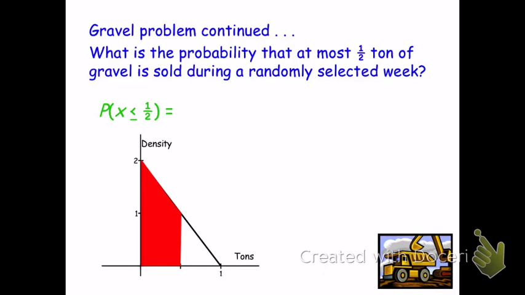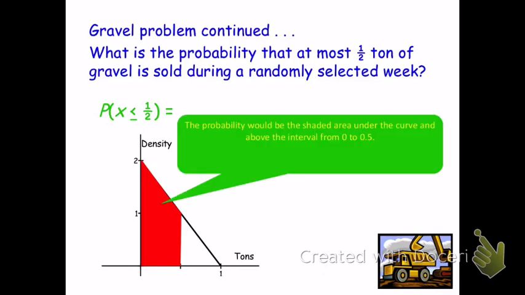So if I did this whole thing, one-half base times height, so 2 times 1, it would end up getting 1 whole. So the probability would be shaded under the curve about the interval from 0 to 0.5.